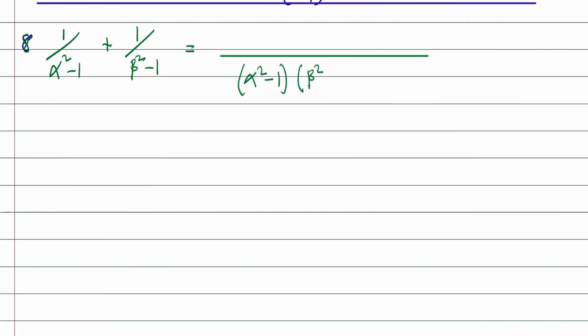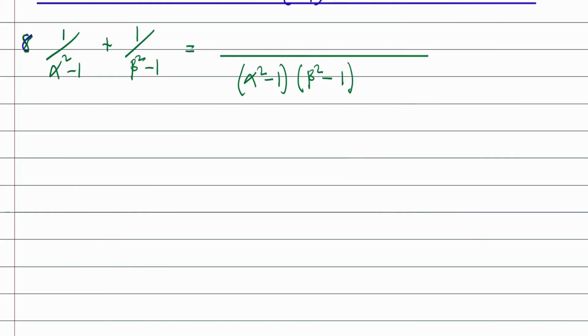So number 8, it is 1 divided by alpha squared minus 1, plus 1 divided by beta squared minus 1. So we can begin by getting the LCM. The LCM is going to be alpha squared minus 1 multiplied by beta squared minus 1.